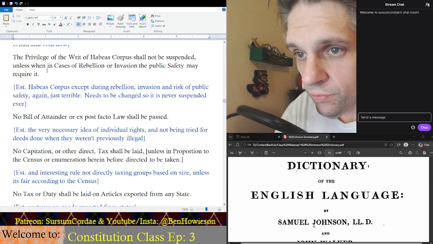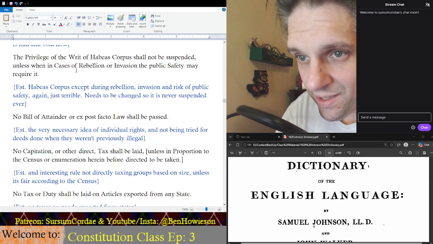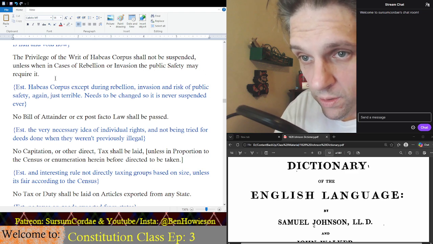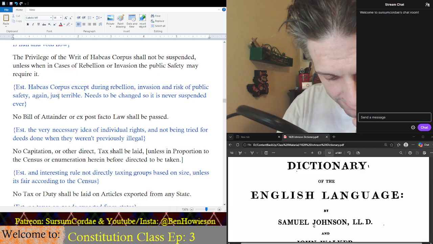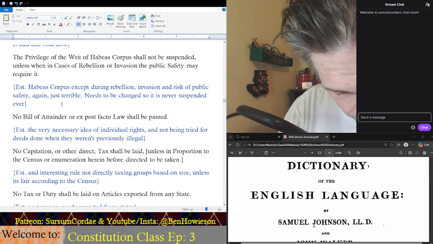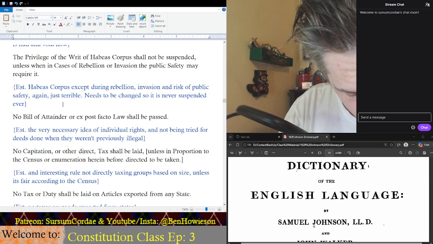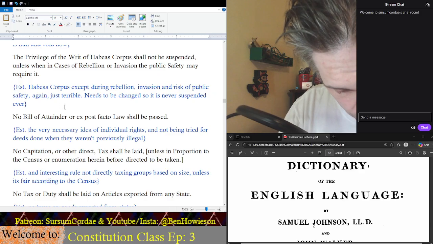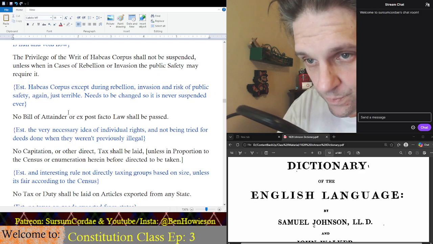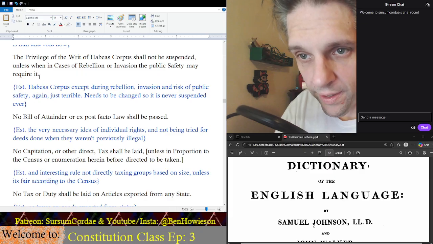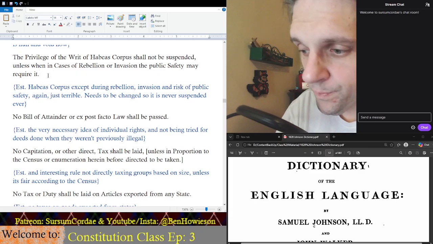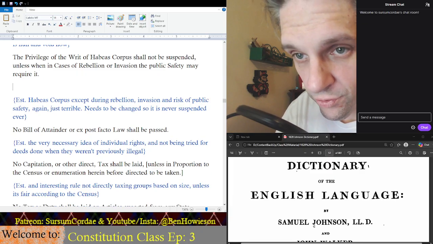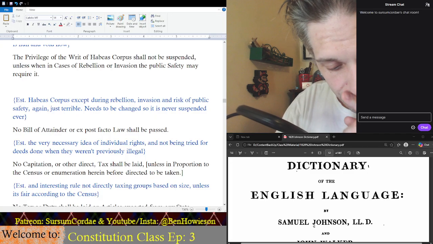The privilege of the writ of habeas corpus shall not be suspended unless when in cases of rebellion or invasion the public safety may require it. Now, in things like this, again, we're going to have to just be content with translating rather than fixing.